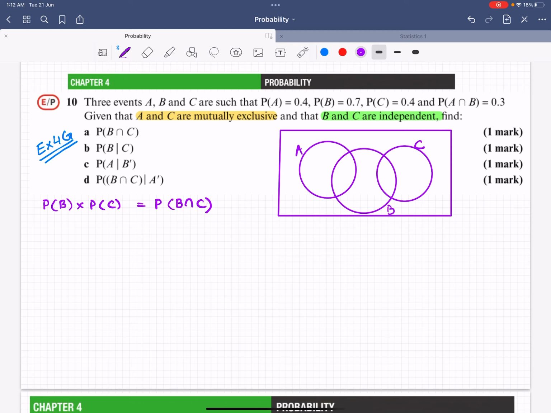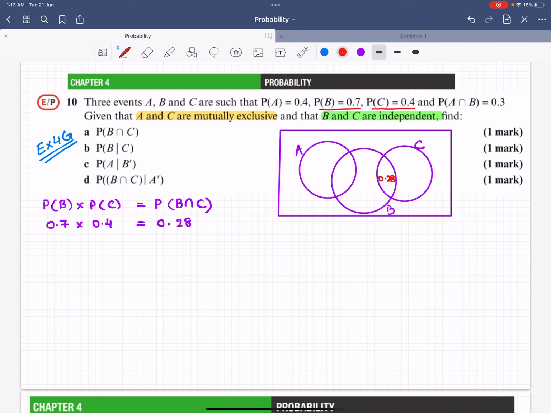We have probability of B as 0.7 and probability of C as 0.4, and that is equal to 0.28. So with this we have found the intersection of B and C, which is 0.28. Let's write the value.